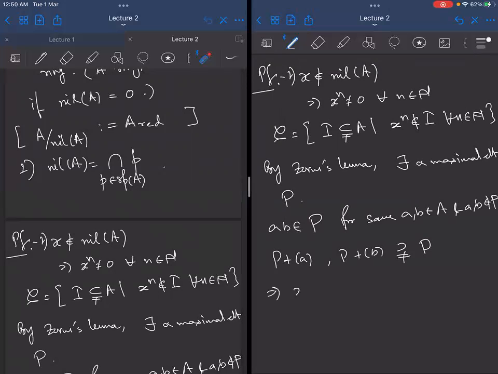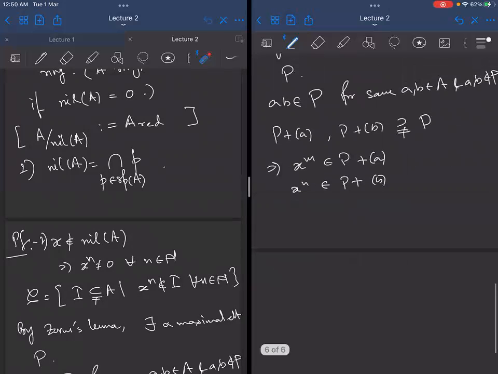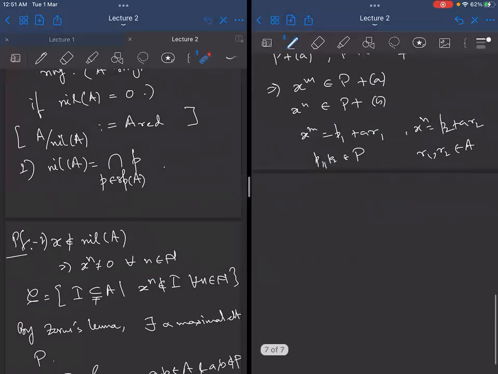Therefore, some x to the power m belongs to P plus (a) and some x to the power n belongs to P plus (b). So if you break it down, it will be of the form p1 plus a r1, and x to the power n will be of the form p2 plus b r2, where r1, r2 are elements of the ring, and p1, p2 are elements of the ideal P. We have not shown that it is prime; we are going to prove that.